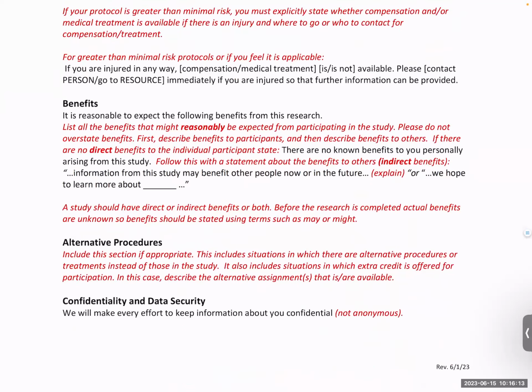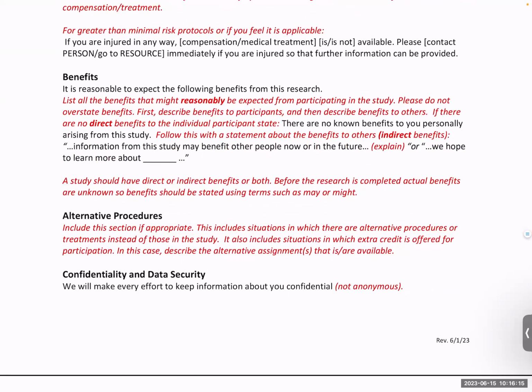The section on benefits has to cover direct or indirect benefits, or both. So direct benefits are ones that go right to the participant. Indirect benefits are those that go to other people, so society at large, maybe you're building a bigger knowledge base, and those types of things.